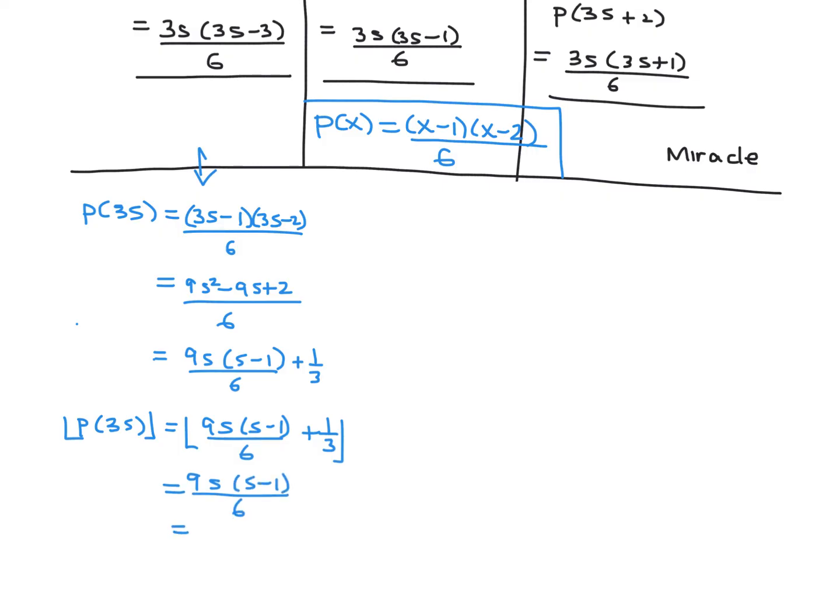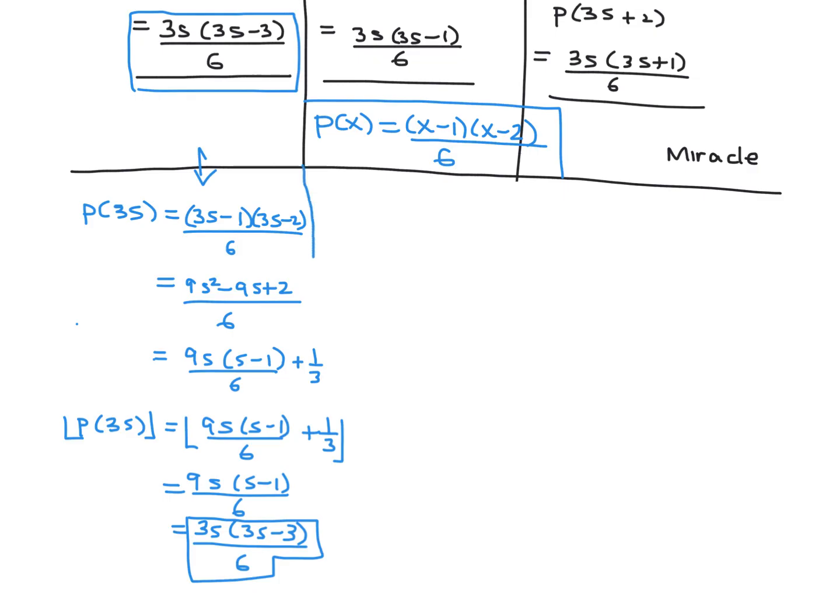And you can rearrange this a little bit. You can put the 3s here and then put the 3 inside the bracket, and you get 3s minus 3 over 6. And you'll notice that it is exactly like this guy here. Yeah. So this polynomial holds true for the first guy.